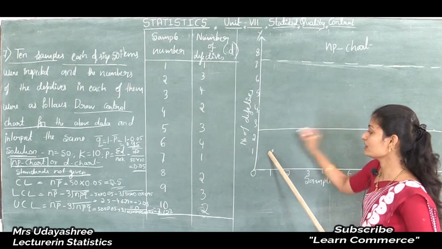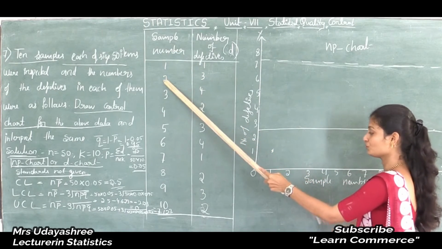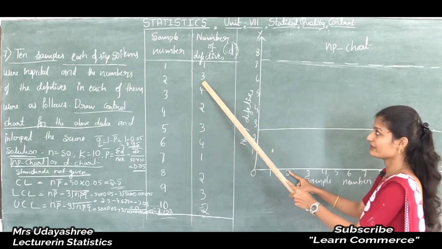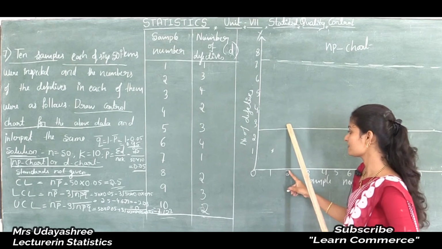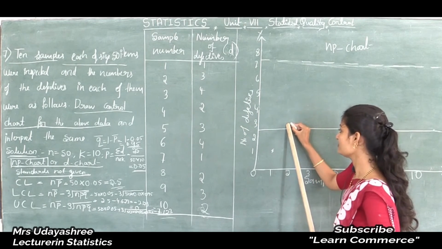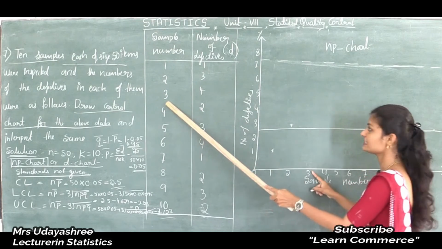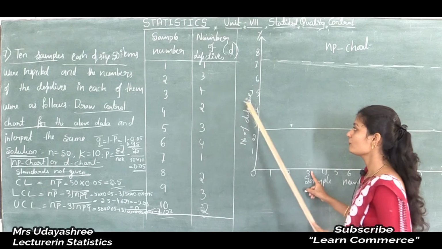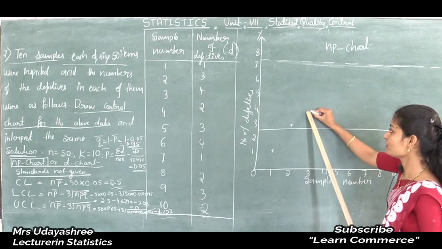Here I will put one dot. Next, sample number 2 is here, and the corresponding number of defectives is 3. So 3 comes here. That corresponding place is here. Here I will put one mark. Next, sample number 3 is here, and the corresponding number of defectives is 4. 4 is here, so the corresponding place is here. Here I will put one mark.